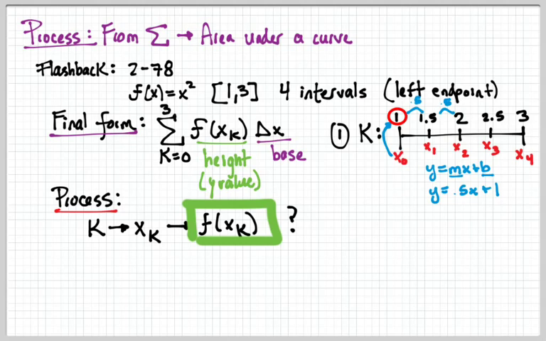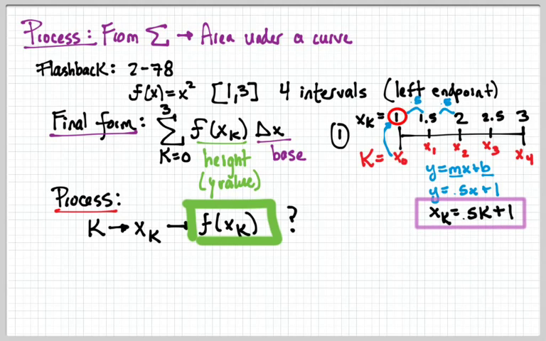The problem is we don't want to use x and y. We want to use k and x of k. So I will write this in here so you can see it. Our k will be in red, and then our x of k will do in black. So our final form here will actually be x of k equals 0.5k plus 1.